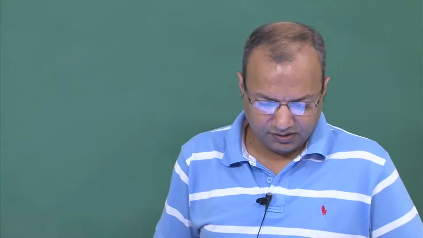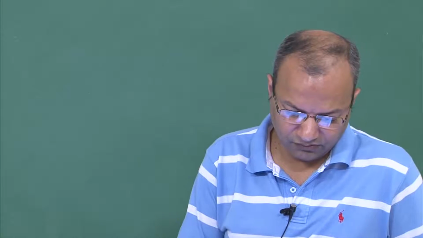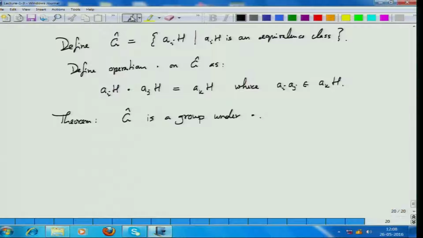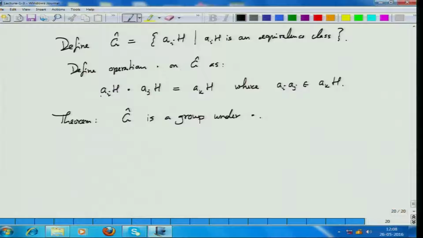Last time we left off at this theorem, where, if you see the screen, we had defined the set G hat as the set of equivalence classes with respect to the relation induced by the subgroup H on the group G. So, AiH is a representation or a name for one equivalence class, and we defined an operation dot on this set G hat as follows: AiH dot AjH.